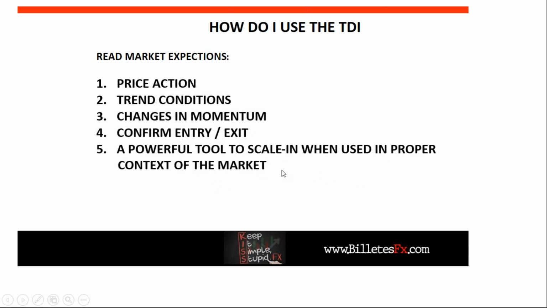It's also going to help you scale in. It's a powerful tool. Once you get the hang of it, it's going to help you scale in. When I say scale in, I mean you're going to compound your account. I don't want you entering the market with a lot of risk.